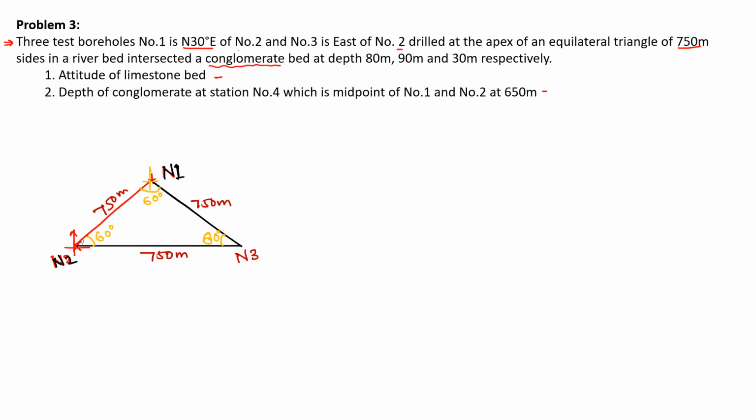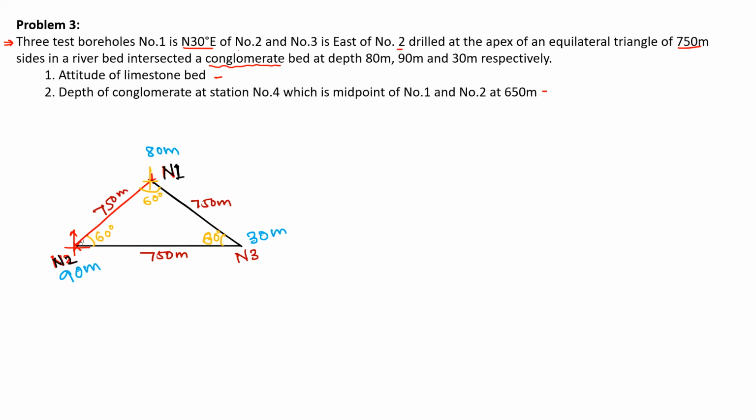So this becomes 80 meter, N2 becomes 90 meter, and N3 becomes 30 meters. So this is the primary data we have.